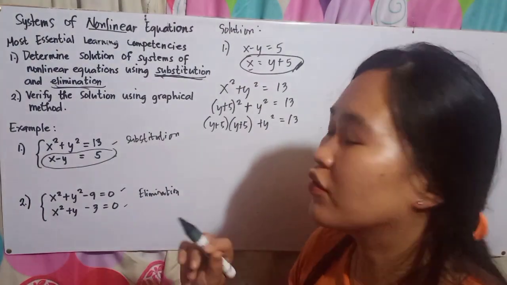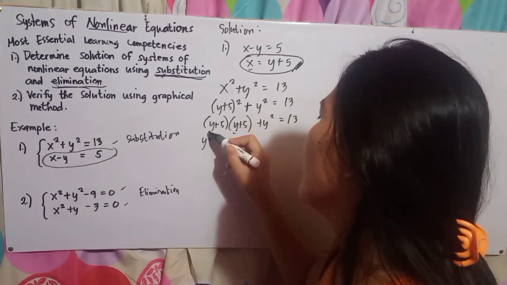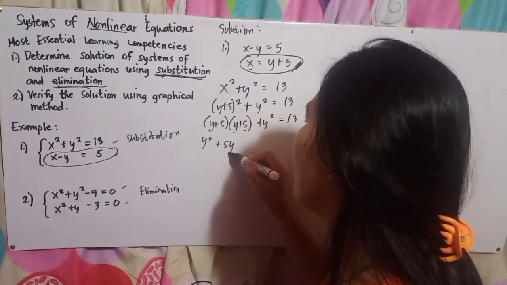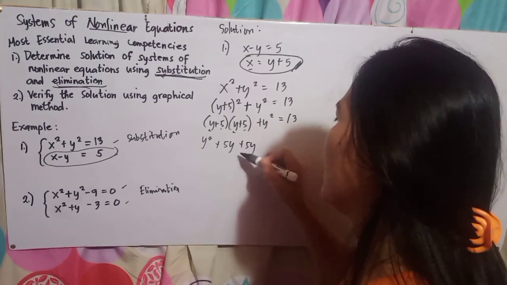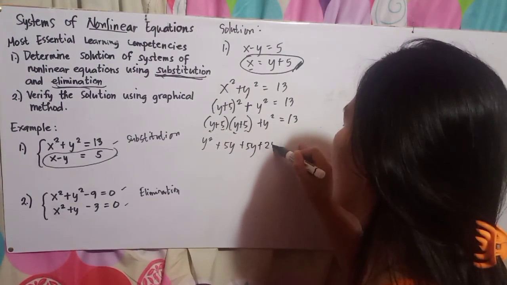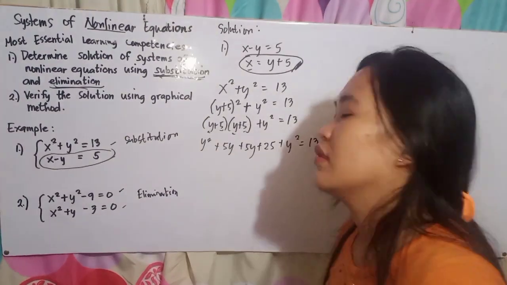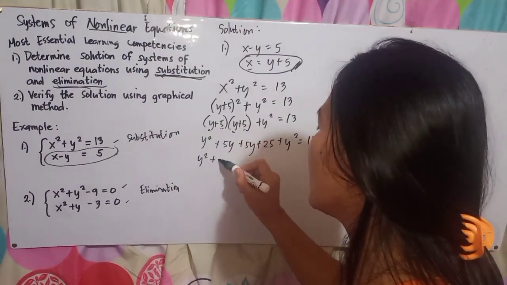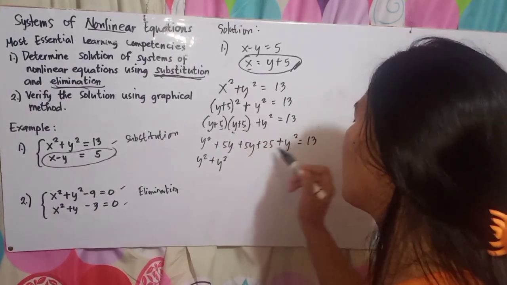So we will just FOIL. y times y is y squared. y times positive 5, positive 5y. 5 times y, positive 5y. 5 times 5 is 25. Copy plus y squared equals 13. Then, combining like terms. y squared plus y squared, the y squared first.